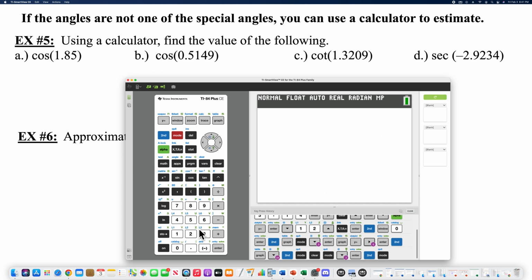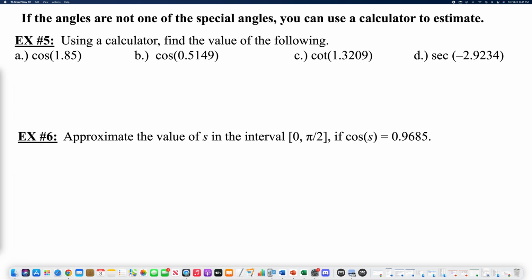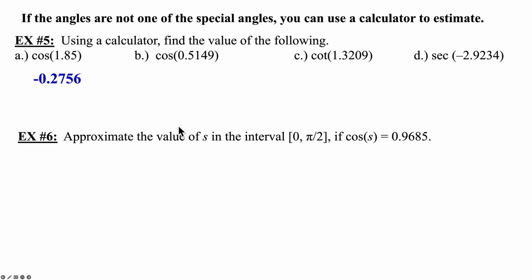So, cosine of 1.85. That gives me negative 0.275590248. We'll round that to 4 decimal places. Negative 0.2756.